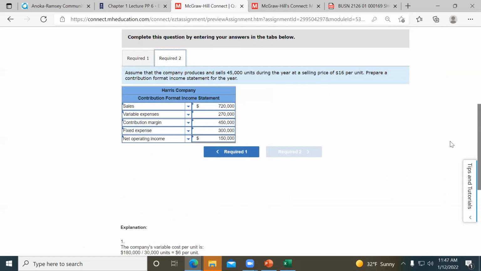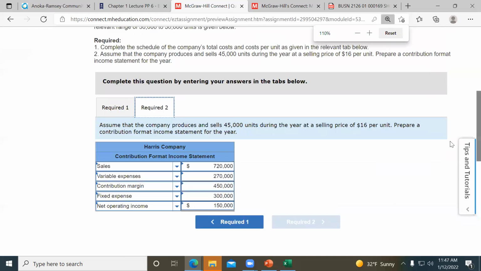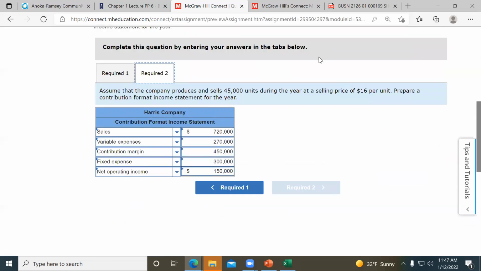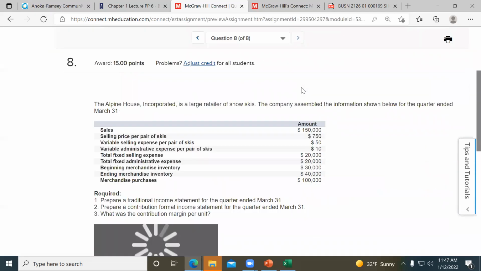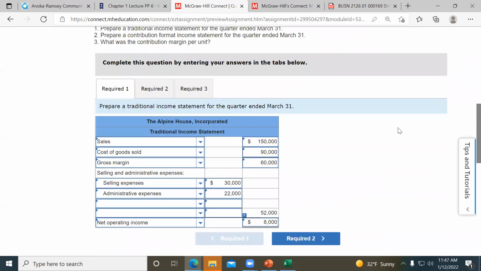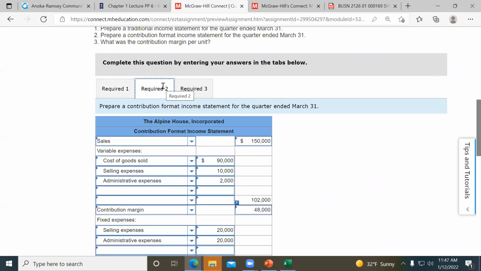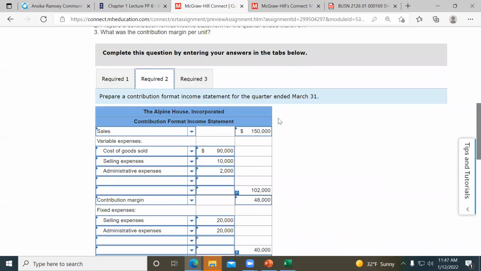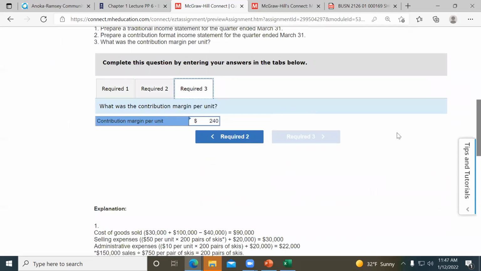Then requirement 2. And then the reasoning. Now, for number 8, a traditional, the contribution format, contribution margin per unit.